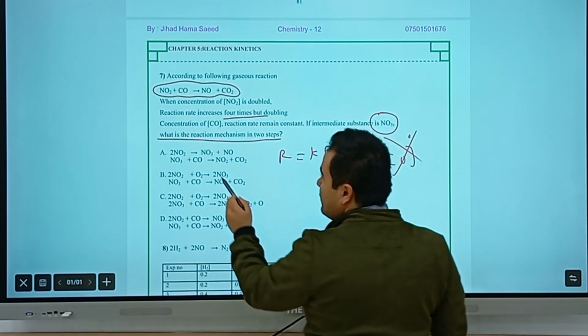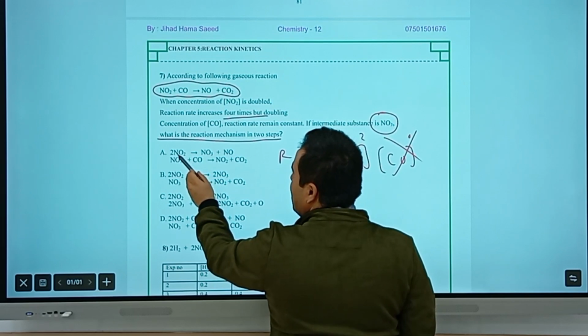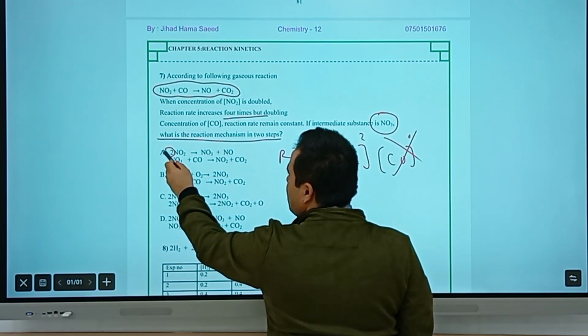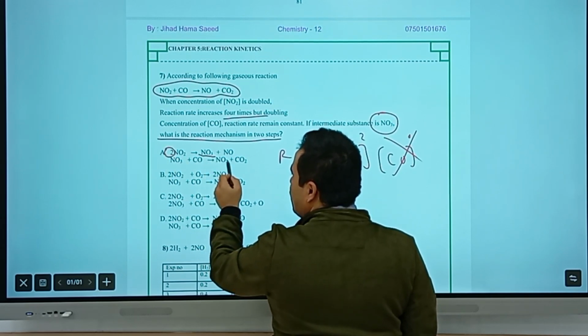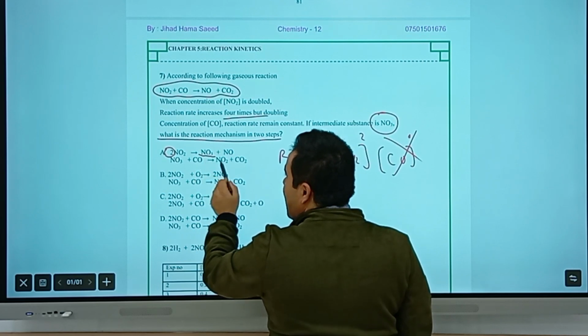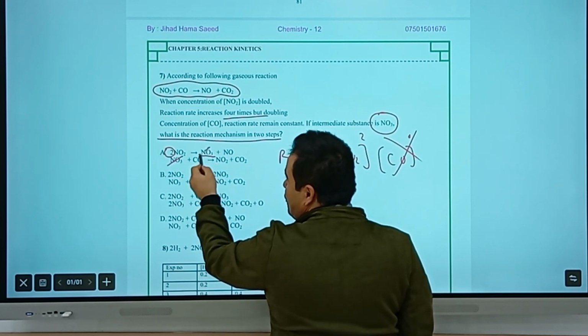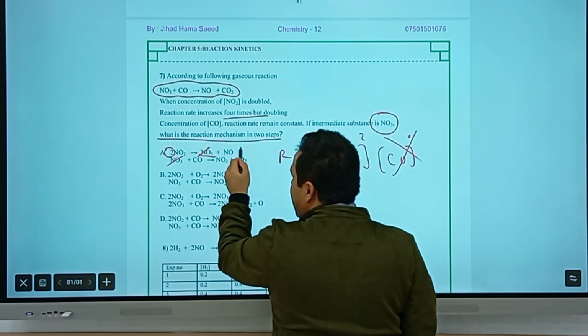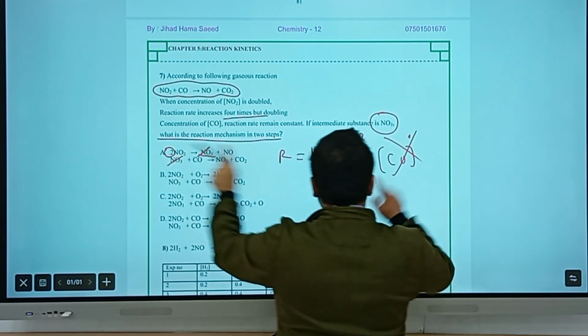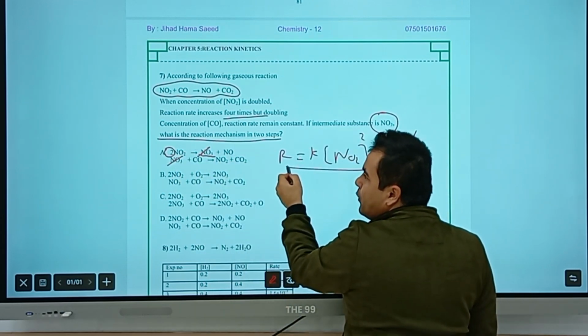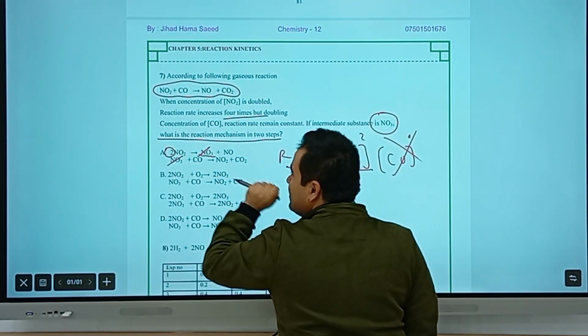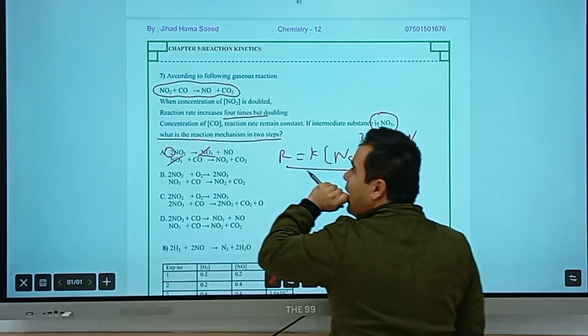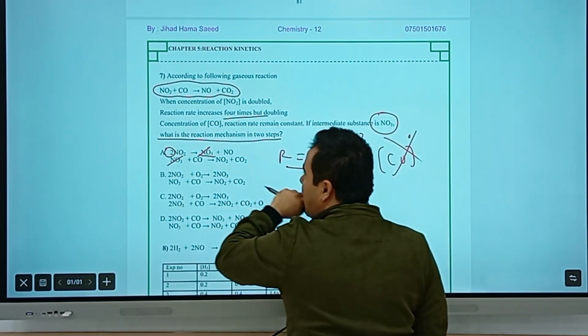Let us check A. This has 2 NO2 in the reactant, and NO3 is in the product. Then NO3 is the intermediate, and this is the fast step. The slow step gives us the same rate of the reaction, and we do not have CO in it.